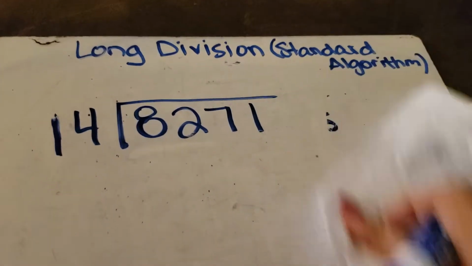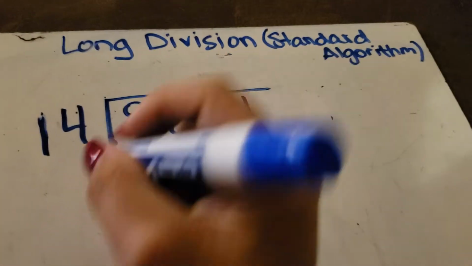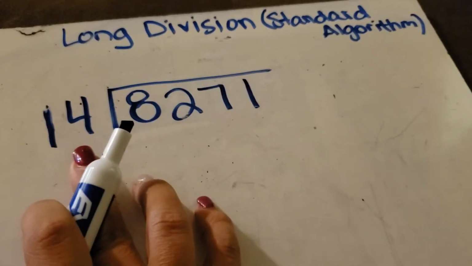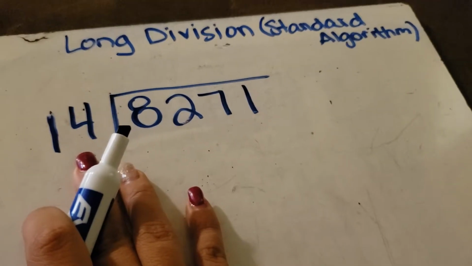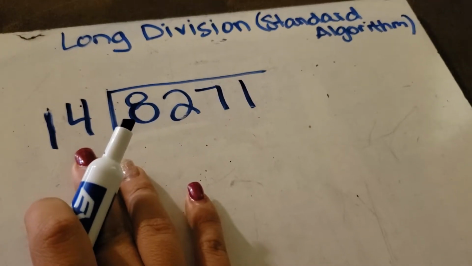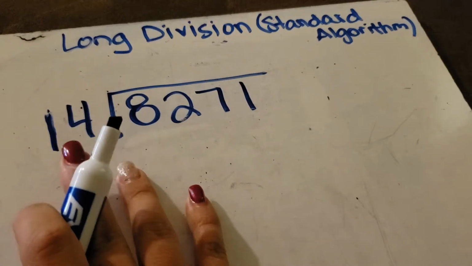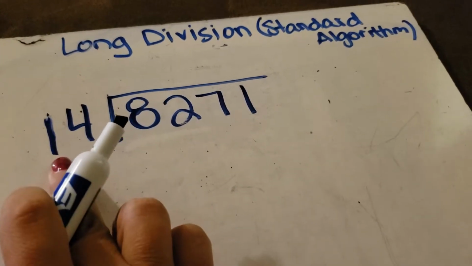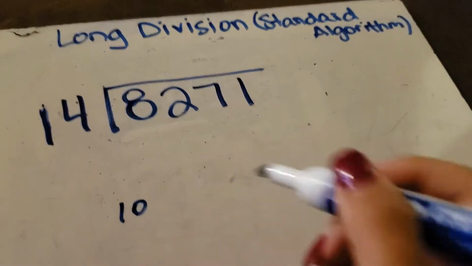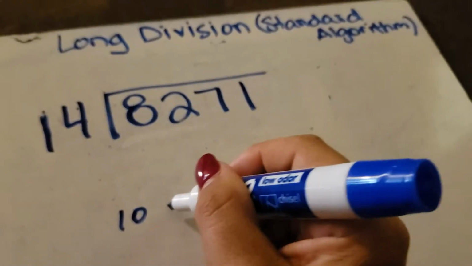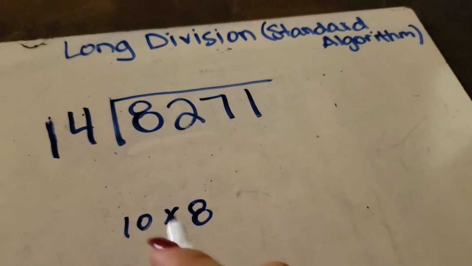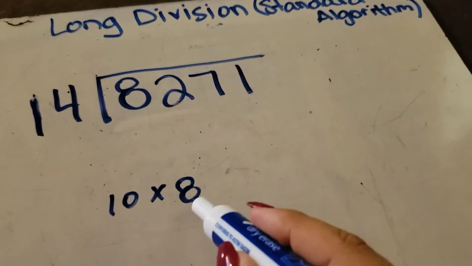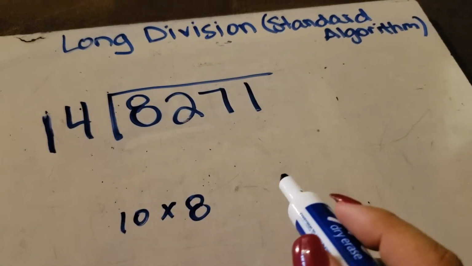Another way that they might do that is maybe, and this is a little farther off on the estimation, maybe they can only skip count by tens right now. And so it would be reasonable to think to themselves that this 10, my estimated 10, times 8 is 80. But we would know that this number is larger, so it would have to be less than 8 times.